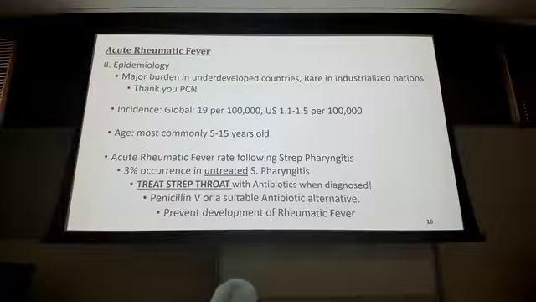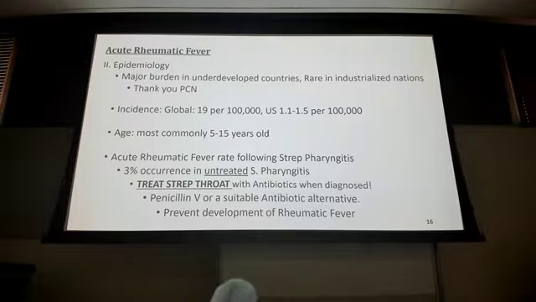Okay. And the biggest thing that you can do to lower the risk of complications developing from the strep throat infection is simply giving them an antibiotic that treats strep adequately. So your penicillins or the equivalents that can treat strep. Okay.